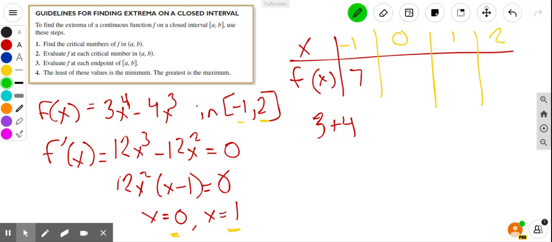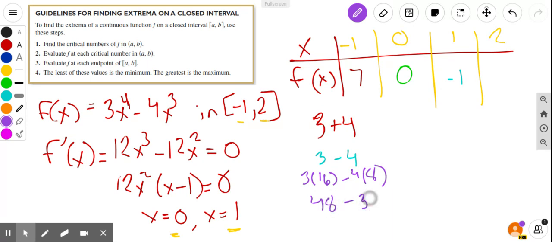Okay. If I plug in a 0, well, that's easy. I get 0. If I plug in a 1, I get 3 minus 4, which will be a negative 1. And if I plug in the 2, I'll get 3 times 16 minus 4 times 8, which would be 48 minus 32, which is actually 16.